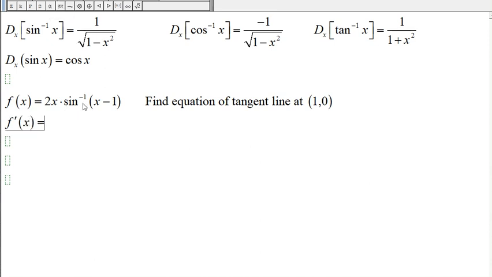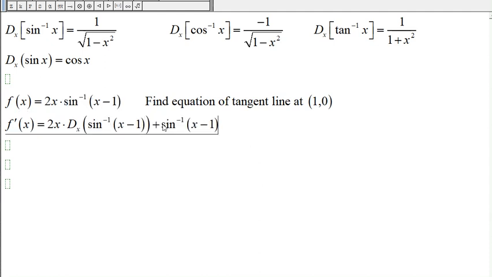This is a product, and therefore we need to use the product rule. So it'll be 2x, and then times the derivative of this right here, and then plus the second factor, times the derivative of the first factor, 2x.